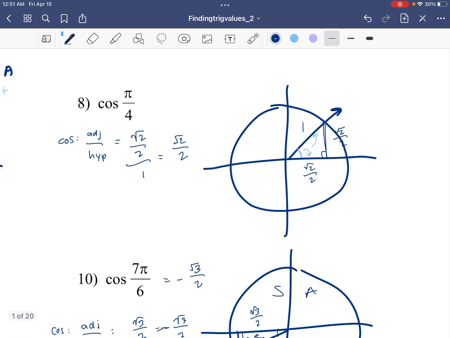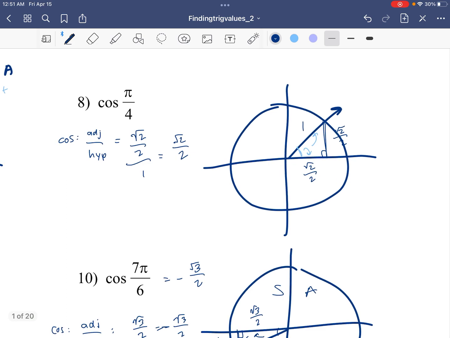So same thing over here. I just drew the unit circle, and then found where the measure of pi over 4 would be, formed the reference angle, and then filled in the sides.